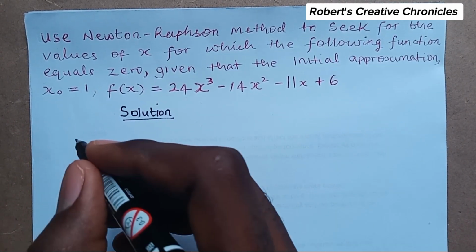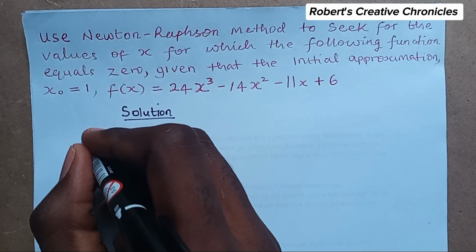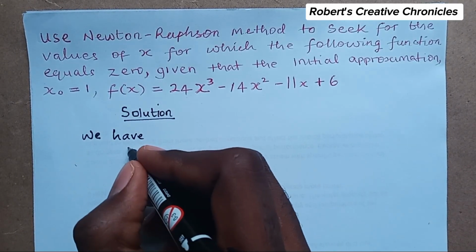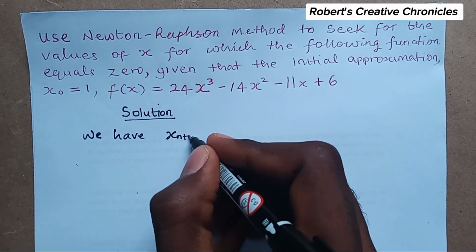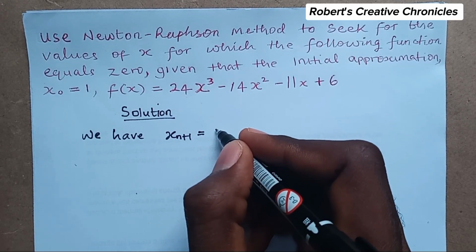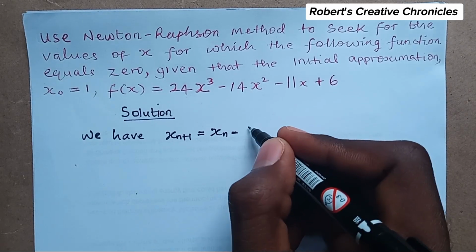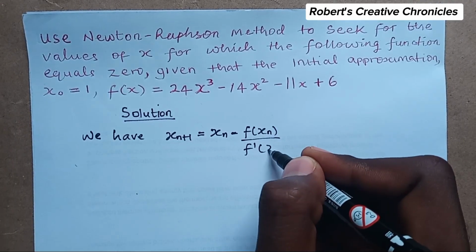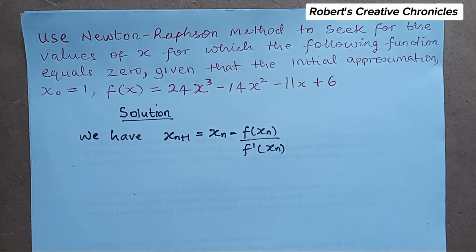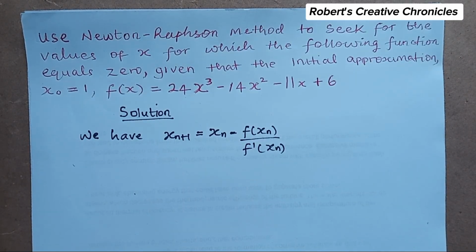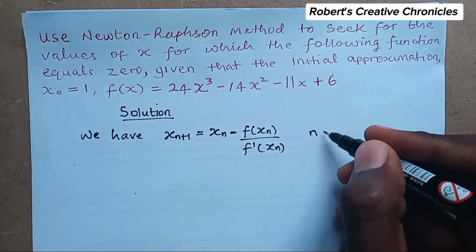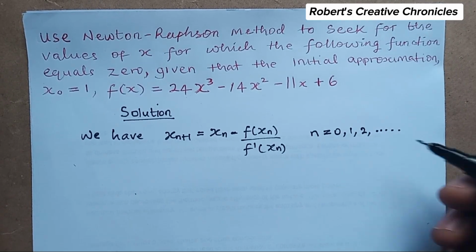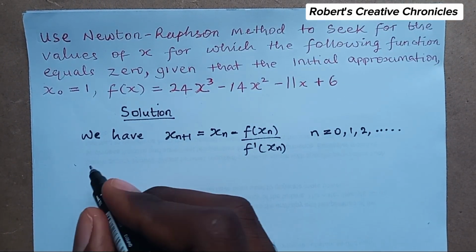For the Newton-Raphson method, we have that x n plus 1 is equal to x n minus f of x n over f prime of x n, where n is equal to 0, 1, 2, to infinity.